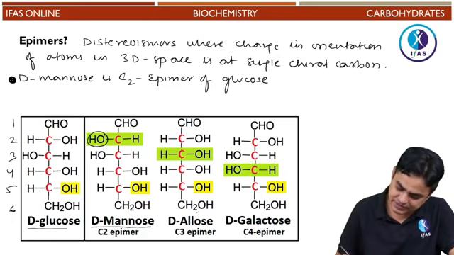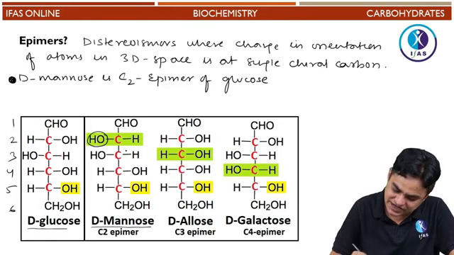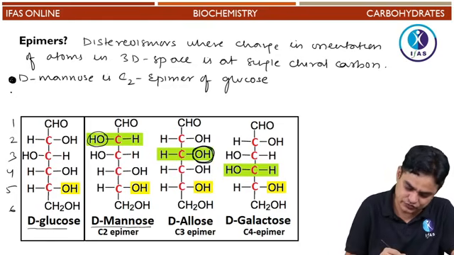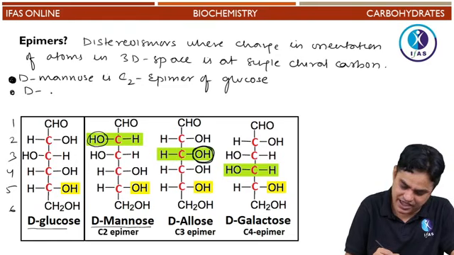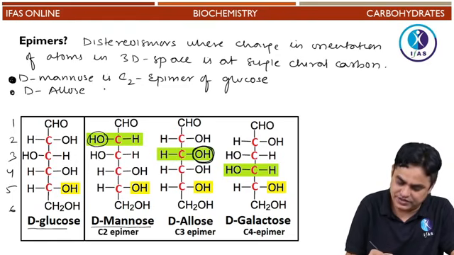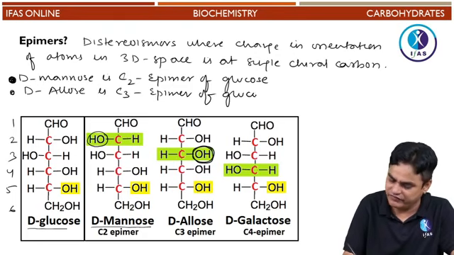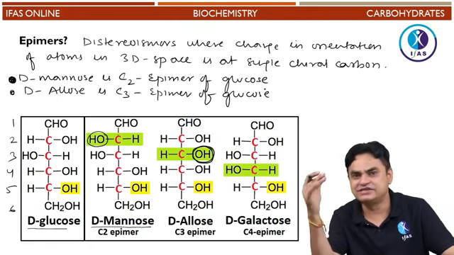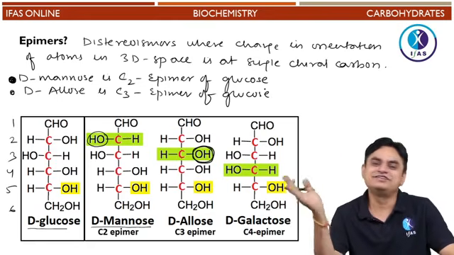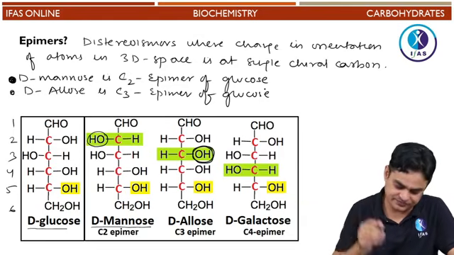Similarly, in allose, what you find, it is like glucose except at position 3. So you can say that D-allose is the C3 epimer of glucose, or even vice versa is also true. You can say that glucose is the C3 epimer of allose.